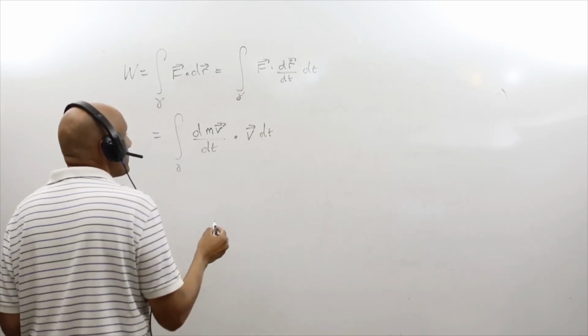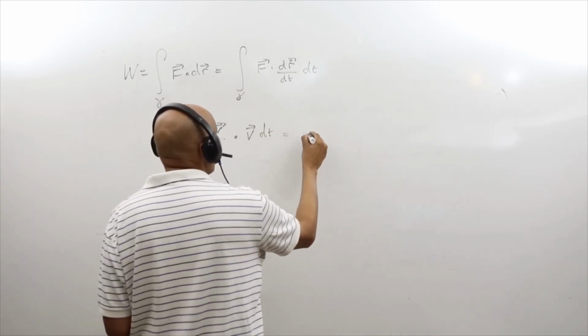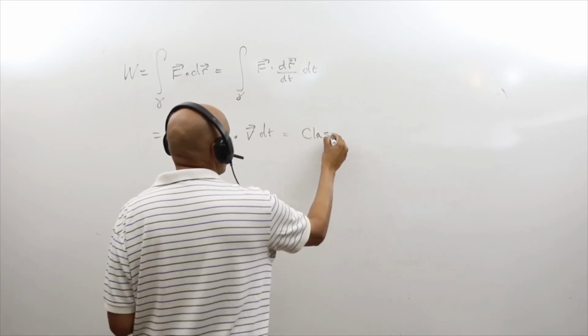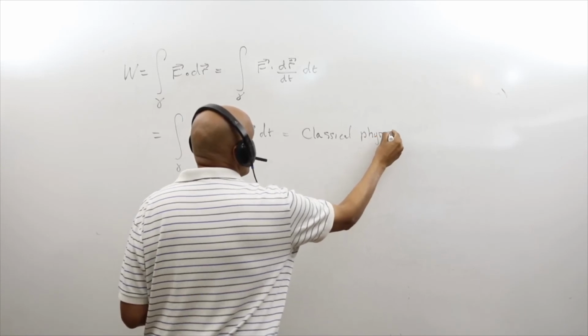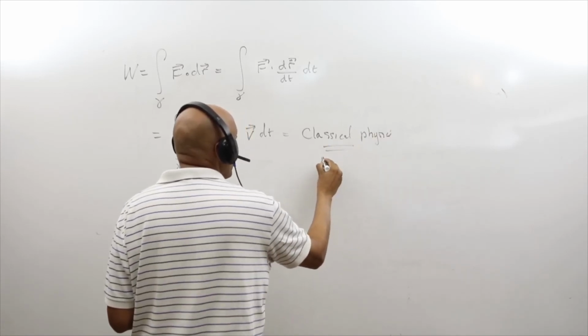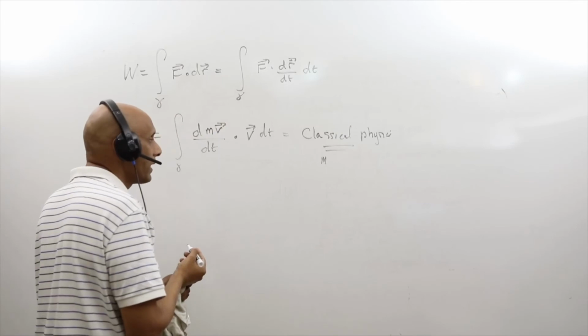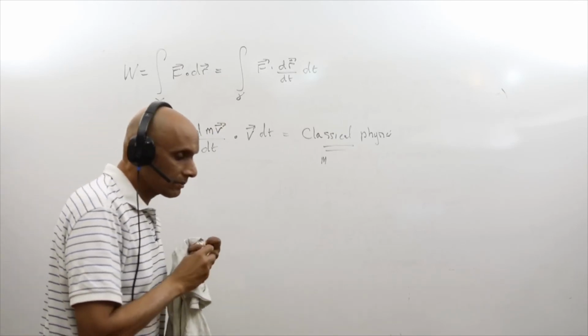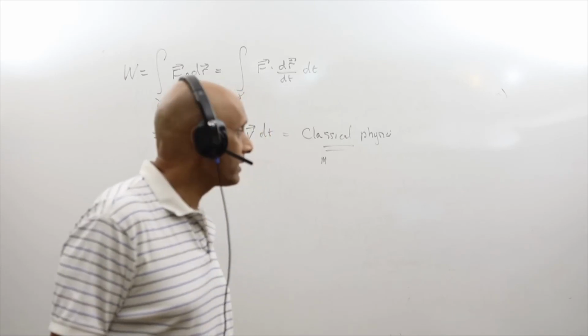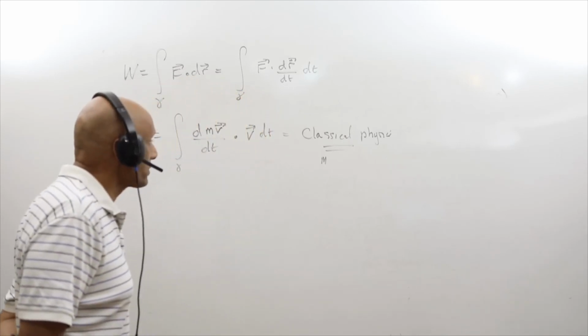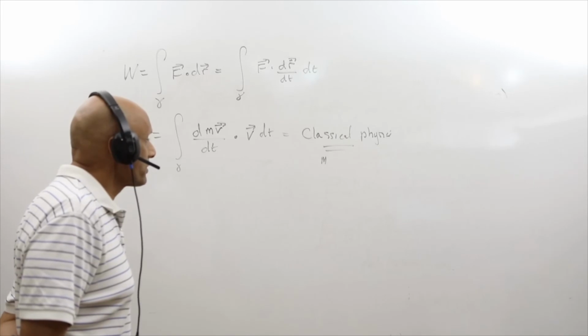Now we know that in classical physics, only in classical physics, we expect m to not be a function of time. And this is kind of problematic because relativity considers mass, even mass, to be something that does not change.